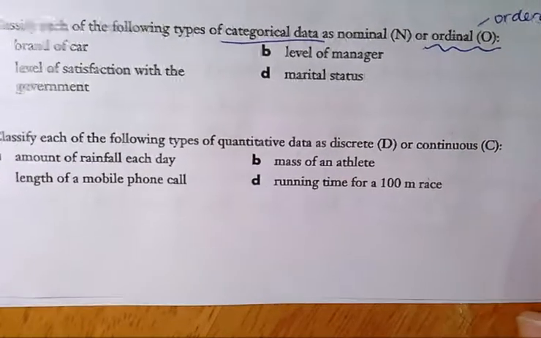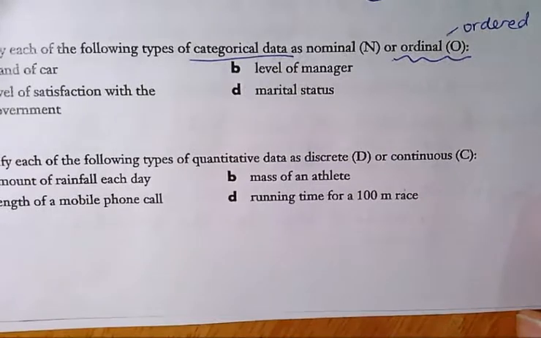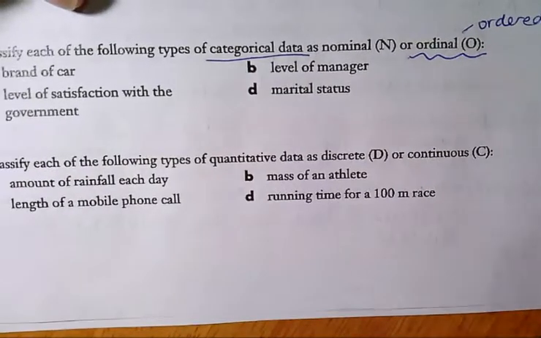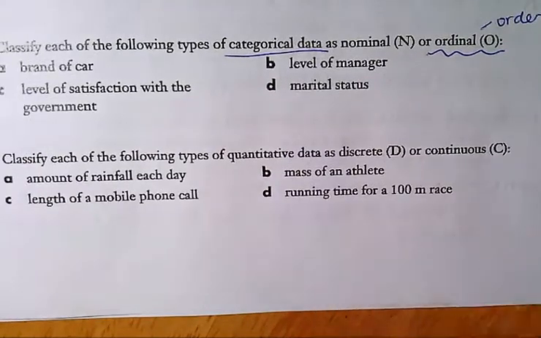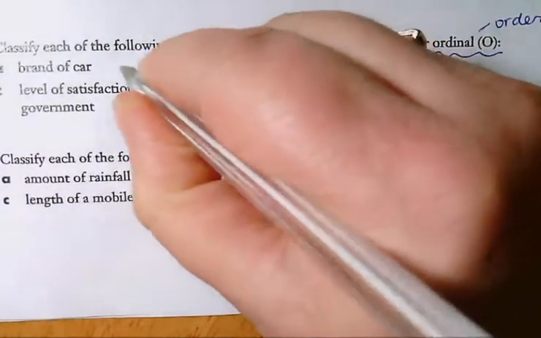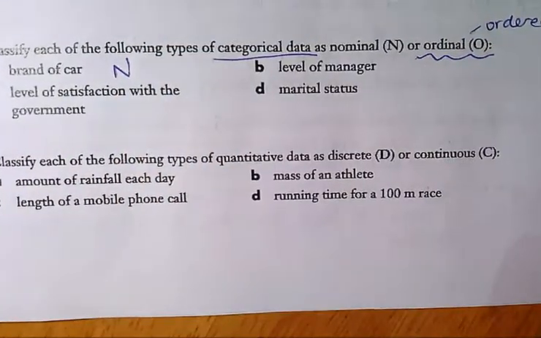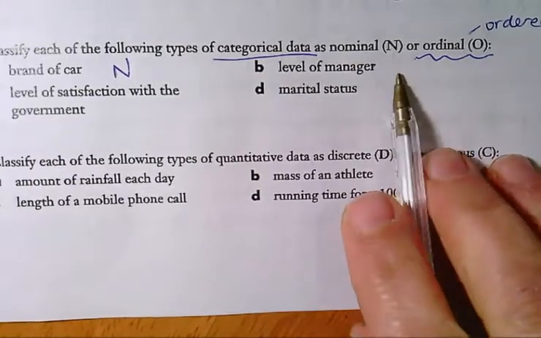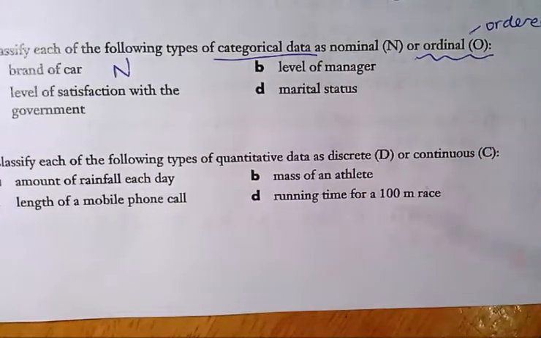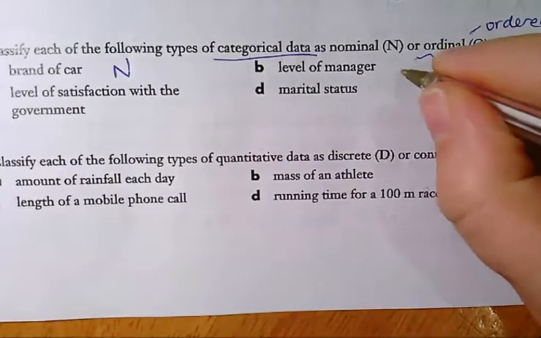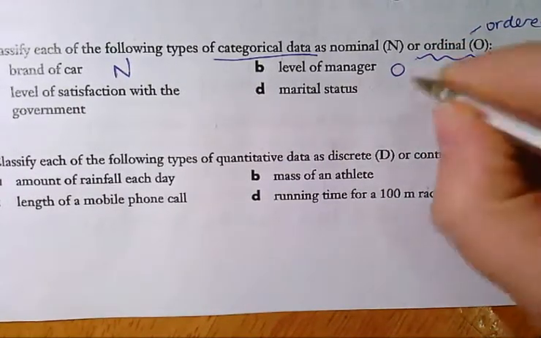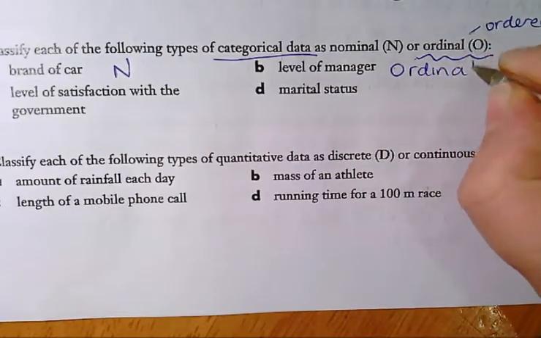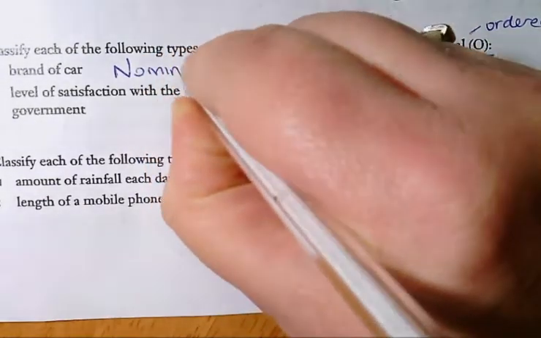Okay, so a brand of car, BMW, whatever, Toyota, that can't be ordered, so that's nominal. But level of manager, you can be the general manager, you can be an assistant manager. There are positions and levels, and some are higher up than others. That can be ordered, so that's ordinal data. Ordinal, and this one is nominal.